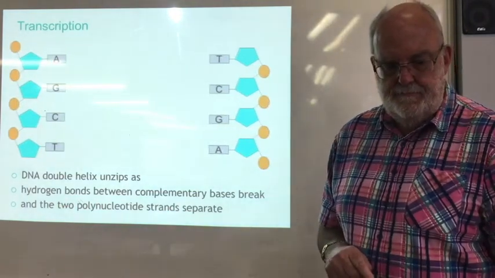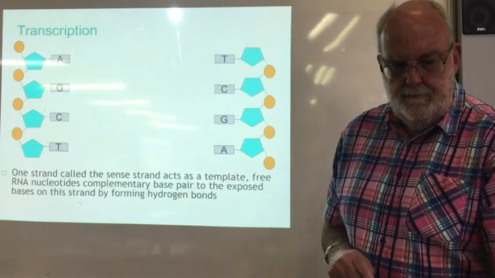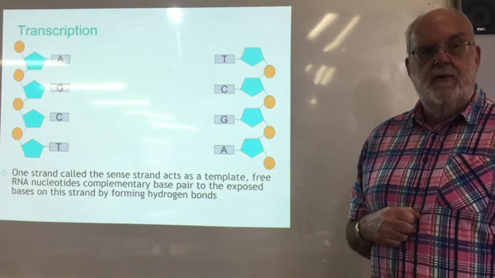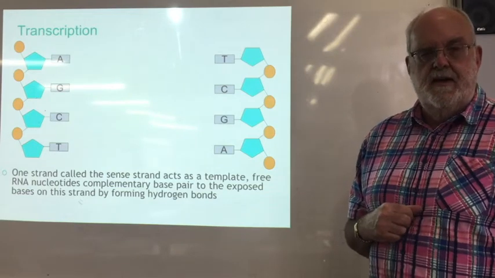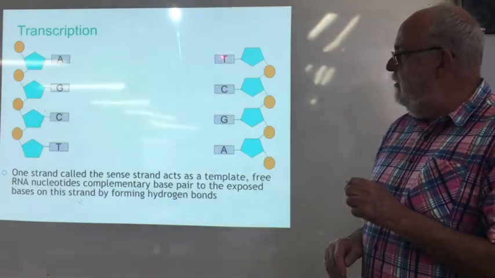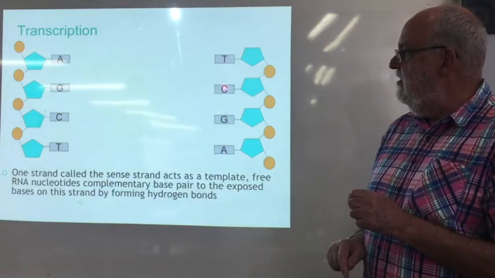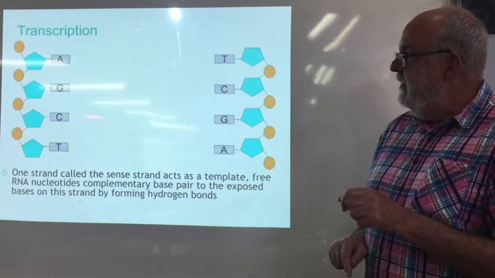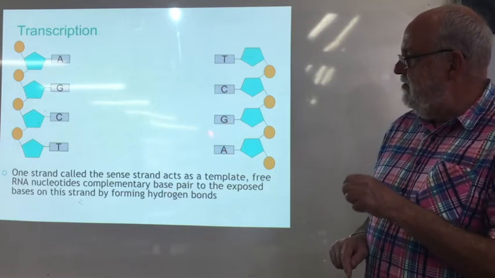There they go. One of the strands of the DNA molecule is referred to as the sense strand. That actually contains the code itself. So the code that we're reading here is TCGA, not that one. This is the sense strand.